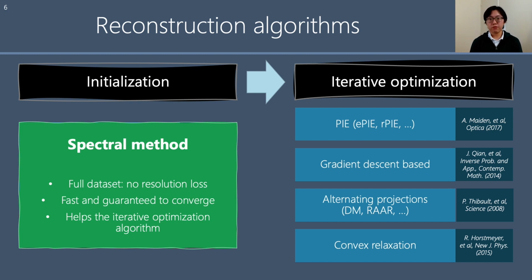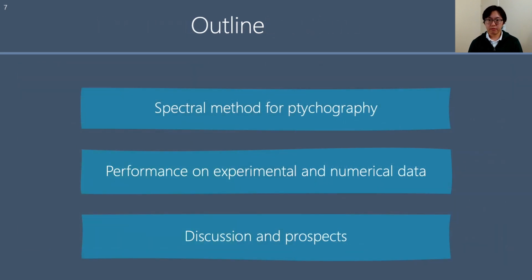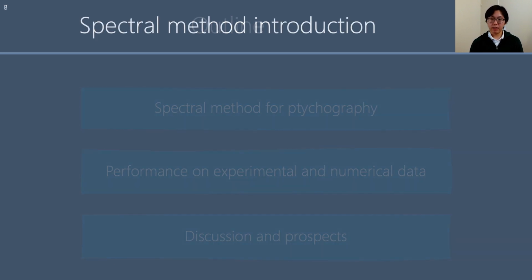This method is fast and deterministically converges towards an estimate that will hopefully be close to the object to recover. Thanks to this good initial guess, this will help any subsequent iterative algorithm. In the following, I will first introduce these spectral methods, how to define them and what is the intuition behind them. Then, Lorenzo will show how they are useful in practice and what can be done next.